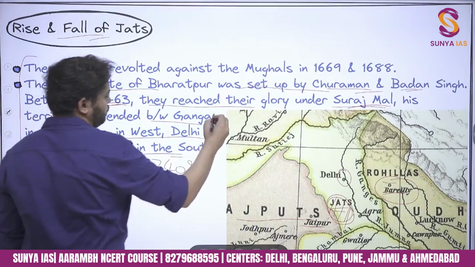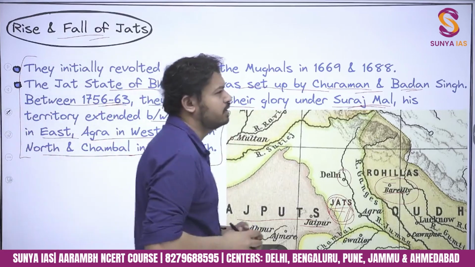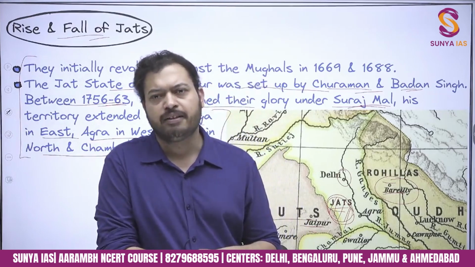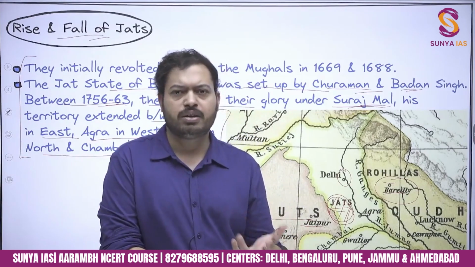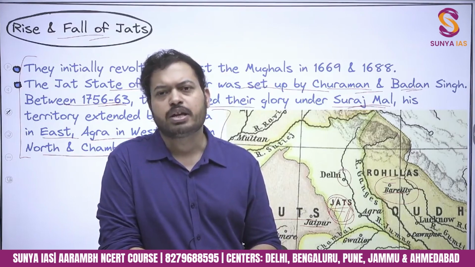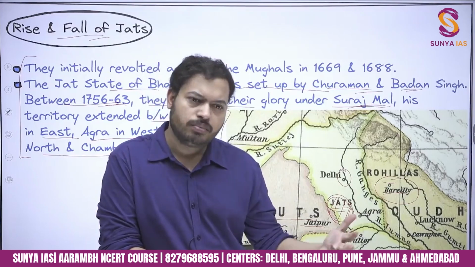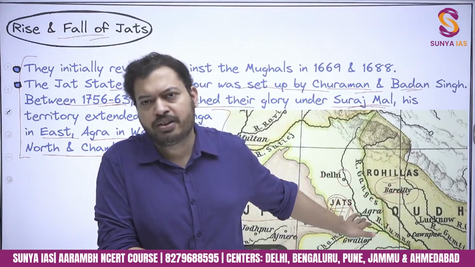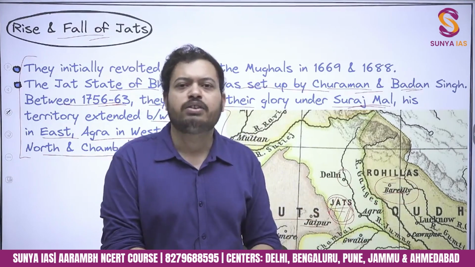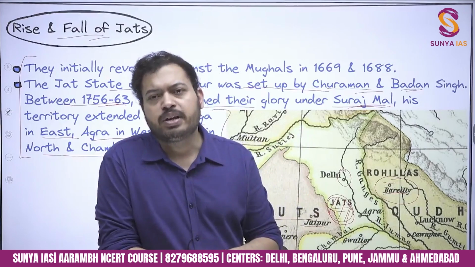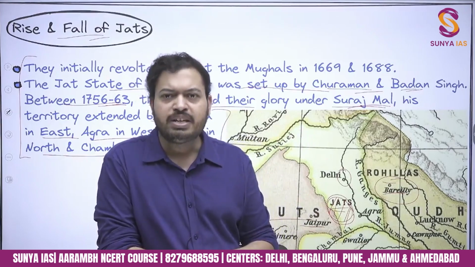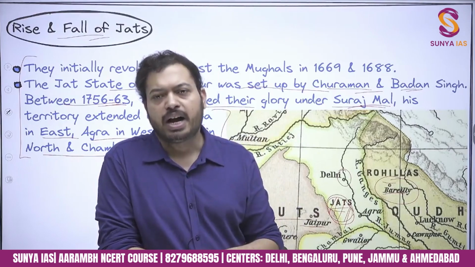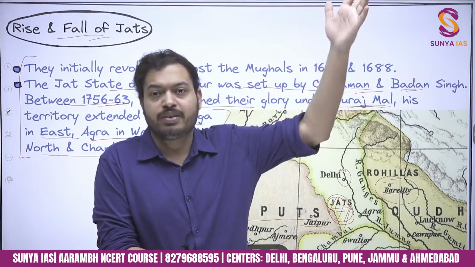On the connectivity level, you need to understand the Jats were not doing excellent. These were very nominal people, okay, and not very much connected. These are not people on the lines of Martand Verma. These are not people who are trying to develop a westernized army or trying to develop some system on the lines of Western ideas because of their connectivity with international trade.